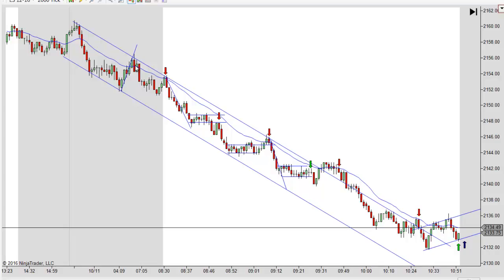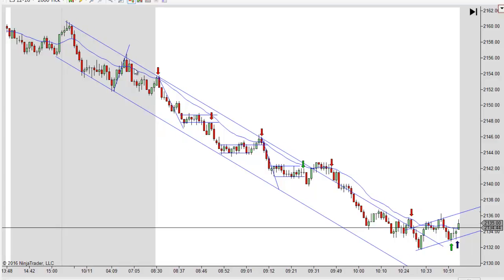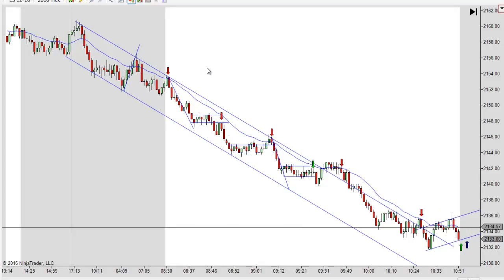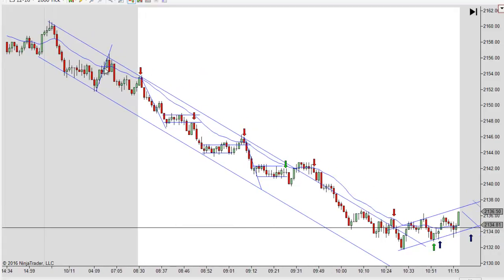This one's a possibility, but it's a little bit early. The time on that one's about 6:27, so it's a little bit early. If you were here, that would have been a nice one to take.